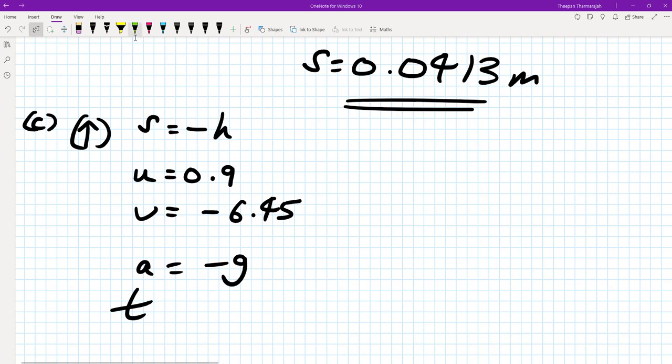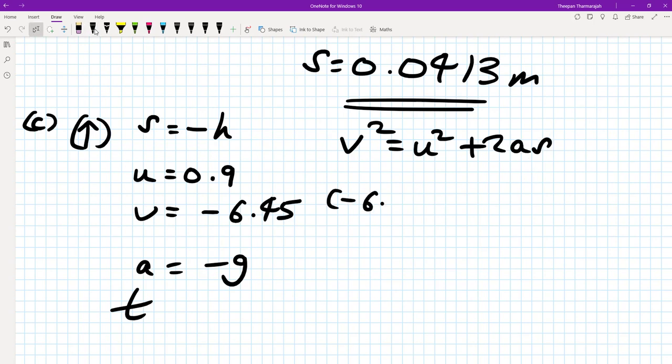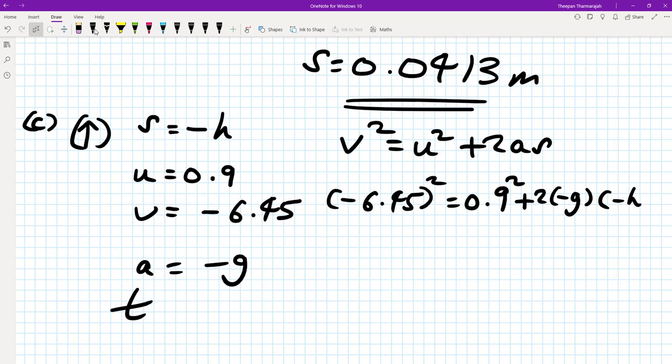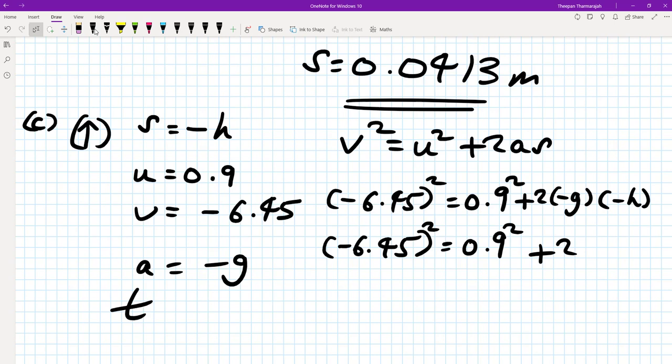So now we can substitute this into our SUVAT equation. So we can say v squared is equal to u squared plus 2as. So minus 6.45 all squared is equal to 0.9 squared plus 2 times minus g times minus h. Don't forget, two minuses multiplied together make a plus.